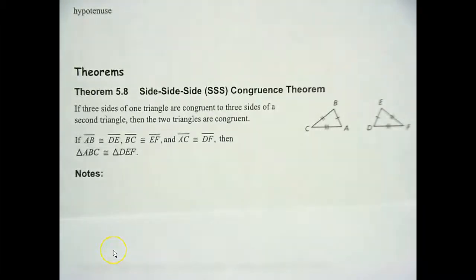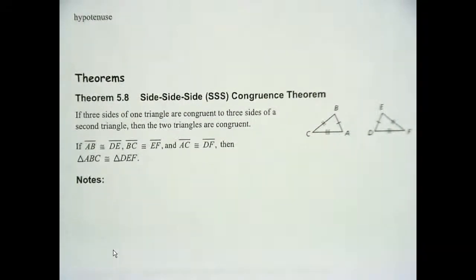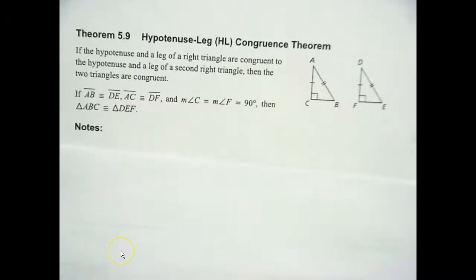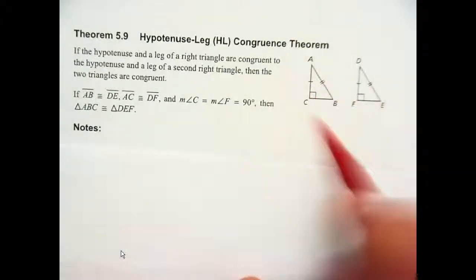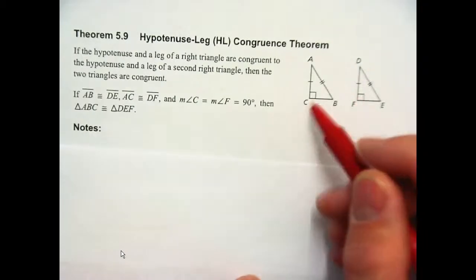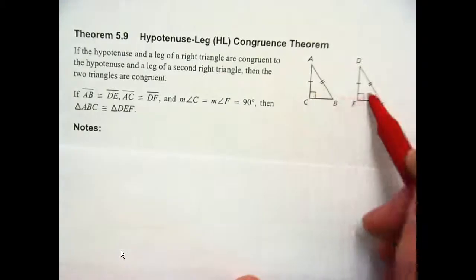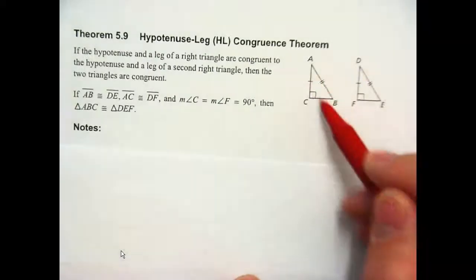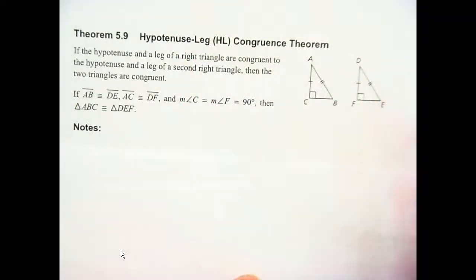We also have one other one that we'll talk about today, and it's a bit different. Remember last week we said that the angle has to be included in between the 2 sides to have side angle side. Well, there's one exception to that rule, and it's when it's a right triangle. If you have a right triangle and the hypotenuse, which is our longest side, and one of the other 2 legs are congruent, we can prove that the triangles are congruent by hypotenuse leg.